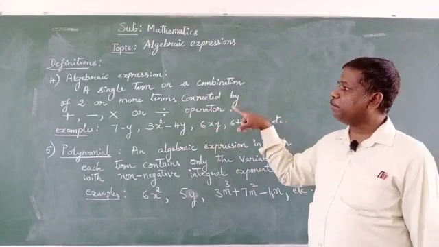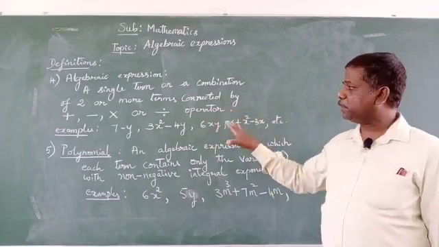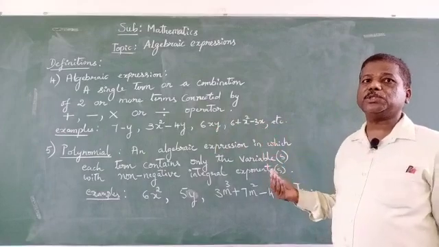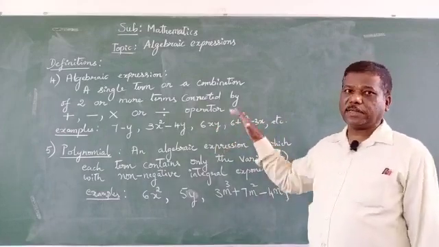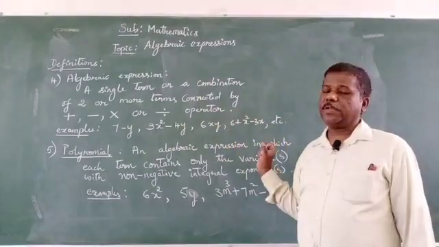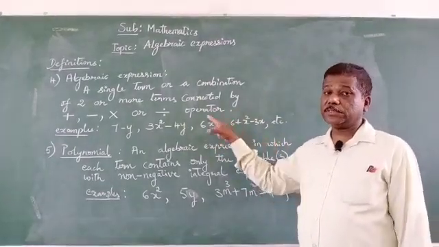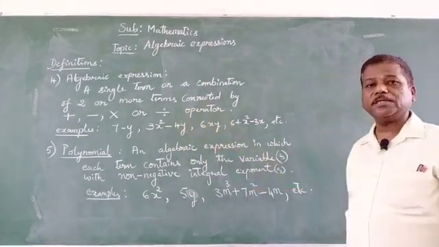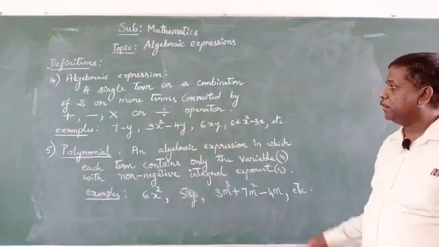So there is a multiply operator here, but it is not shown. We have to assume that there is a multiply sign in between. So together we call it 6xy. Now this is a single term, yet it is an algebraic expression.